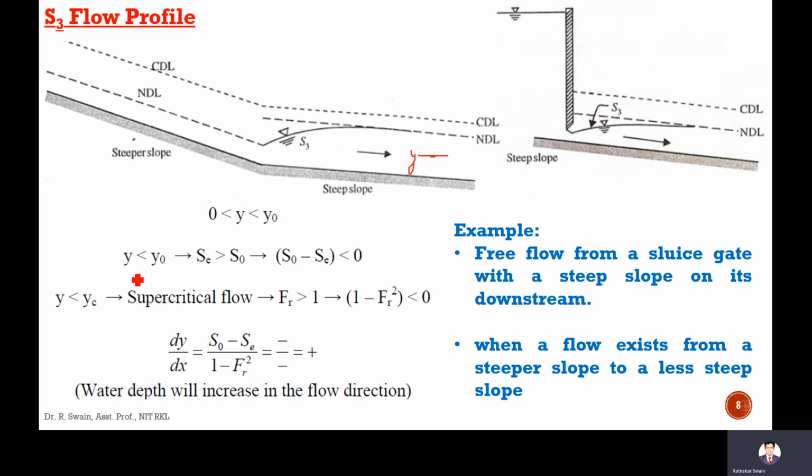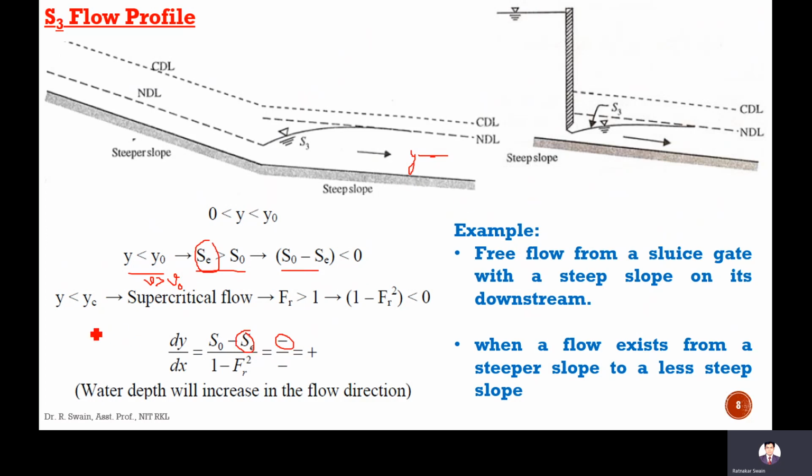So since y is less than y naught, sorry, y is less than y naught, it means the SE will be more than S naught. That means S naught minus SE will be less than 0. See, SE is more, if this is more, then it will be a negative value.